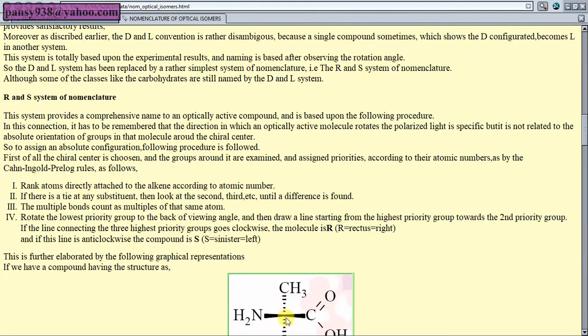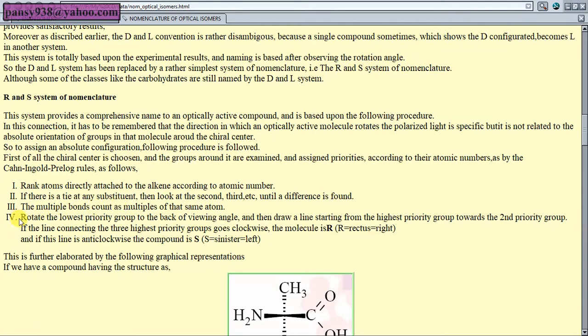For example, we will see this in naming the compounds. The third rule is that multiple bonds count as multiples of that same atom. If there is a multiple bond, it will be counted multiple times.